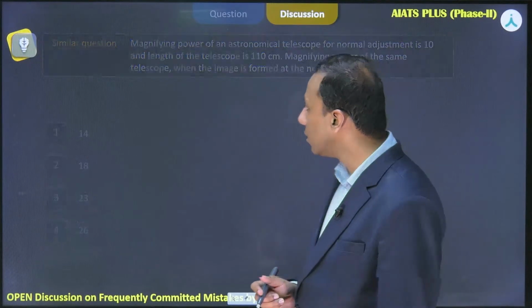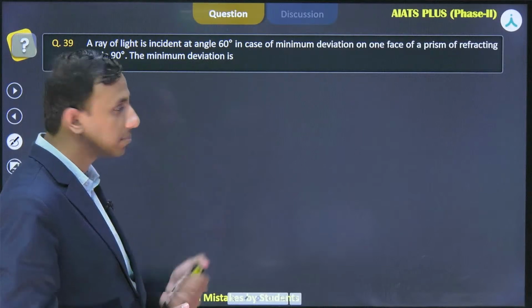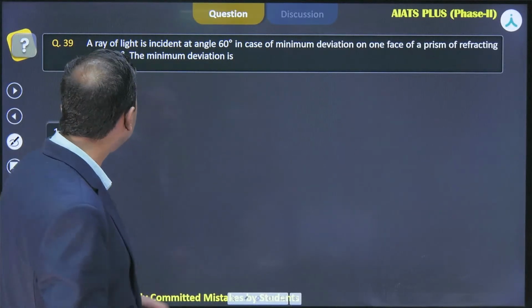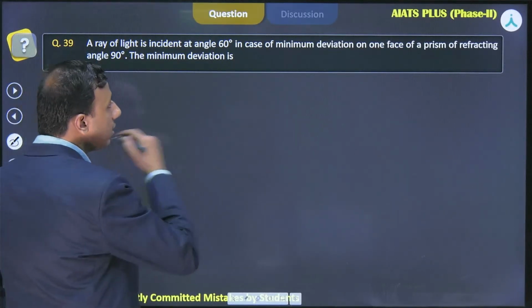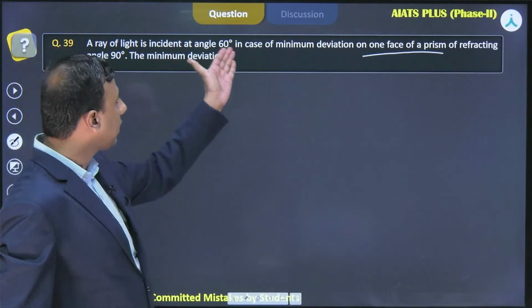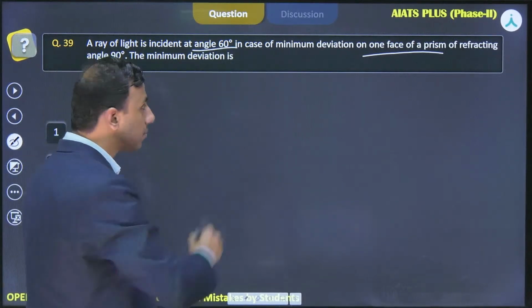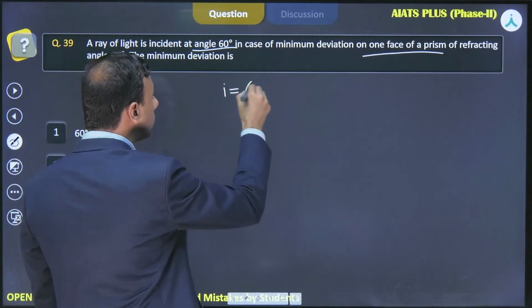Okay, very well. The last question of the day. If you see here, prism, right? On one face of a prism, a ray of light is incident at an angle 60 degree. So angle of incidence they have given: I is equal to 60 degree.